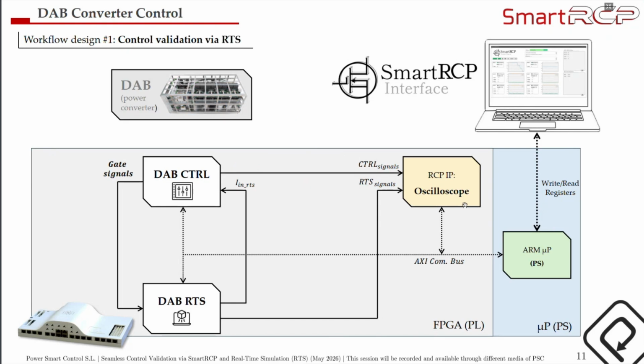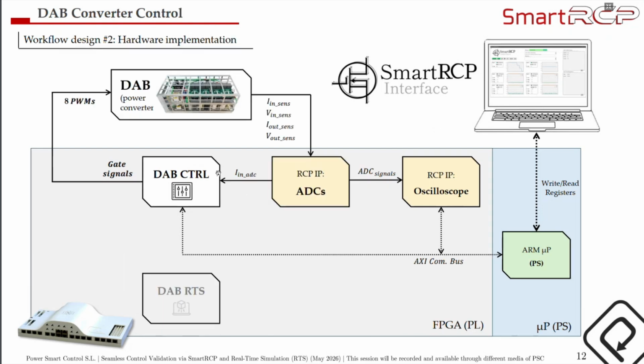So our workflow for the live demo will be, in the demo we will show 2 scenarios. In the first one, we will validate and evaluate the control only with the RTS model, so the power converter will be turned off. And then we will control our converter prototype using the same IP that we previously validated in the first stage.